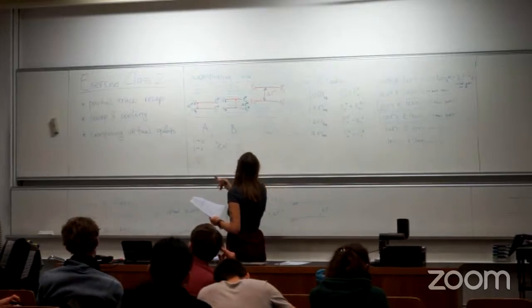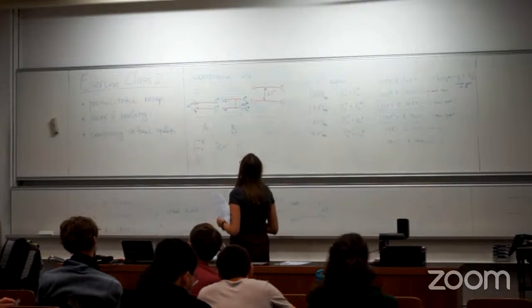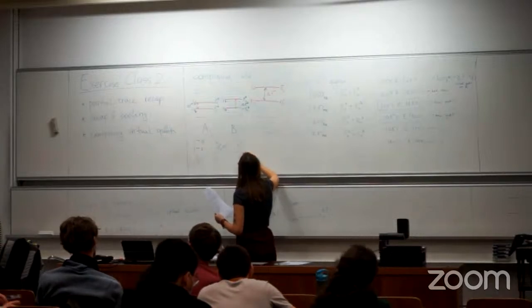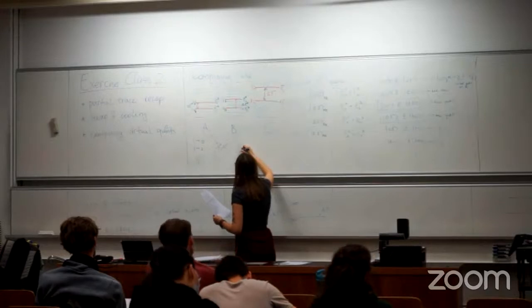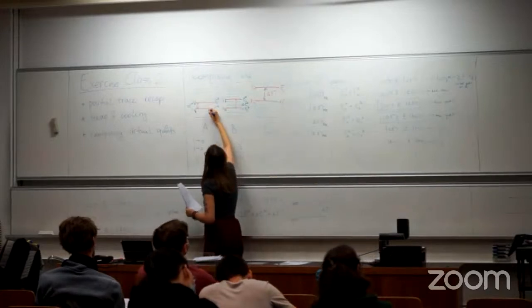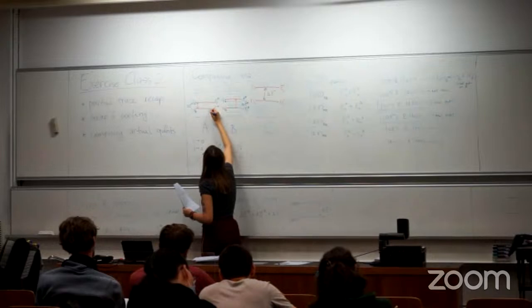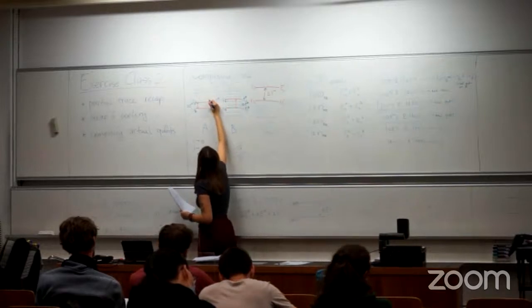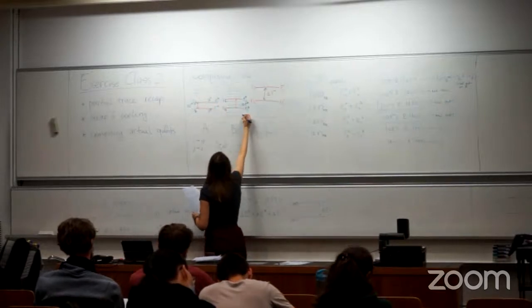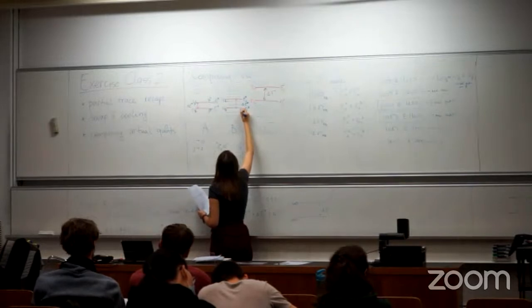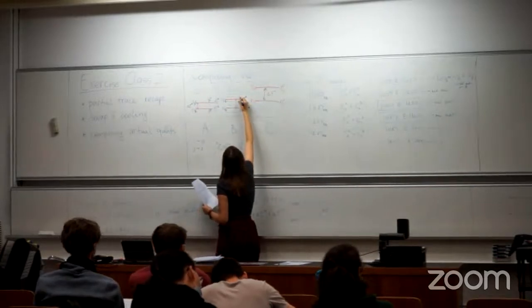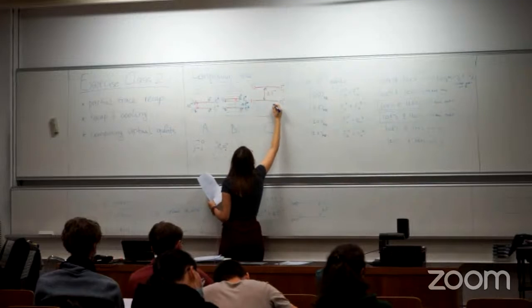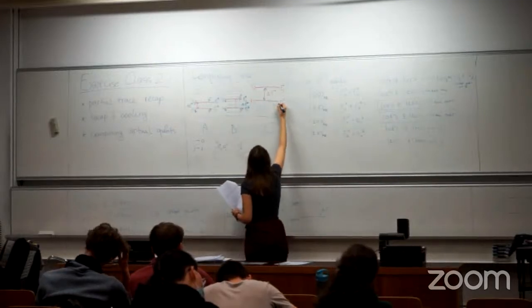Since we have 0 and 1s, let's just do it with 0 and 1s. So here I would have the population P0A, and here P1A. And here the same, P0B, P1B, and here P0C and P1C.